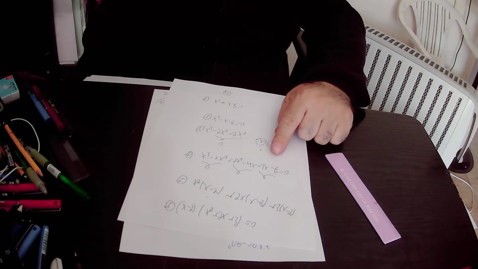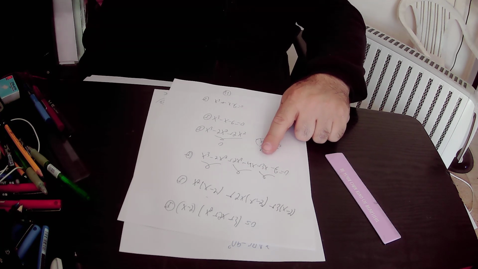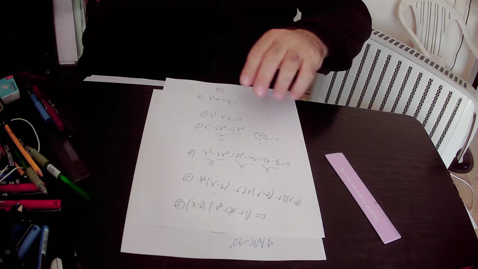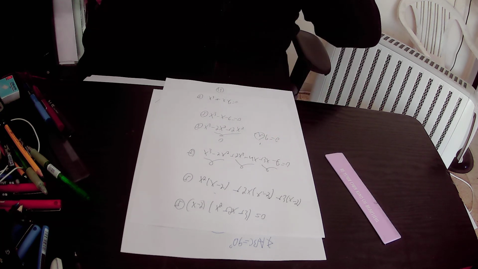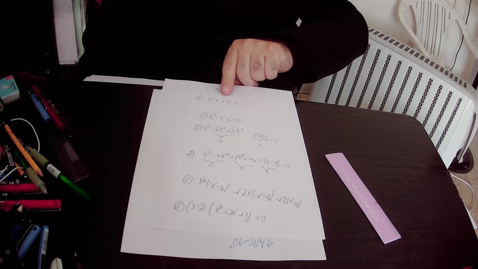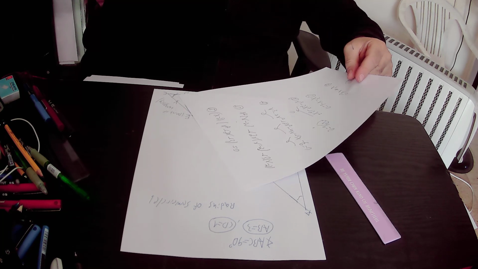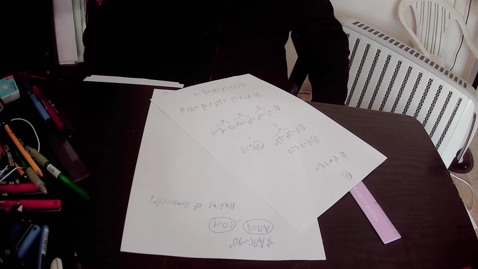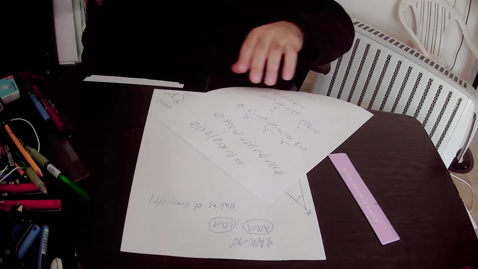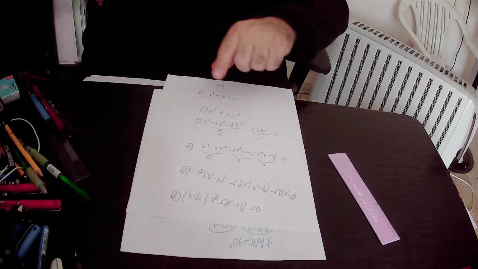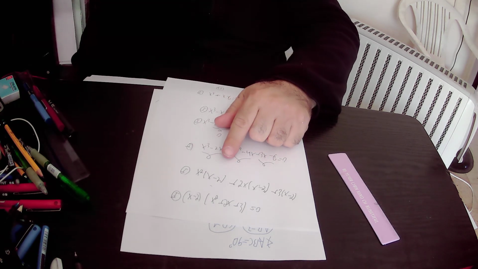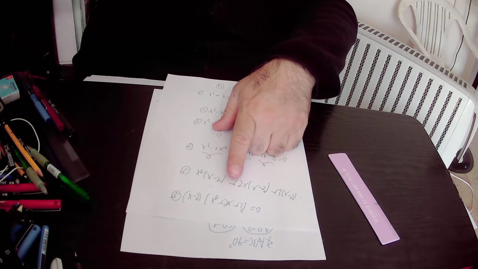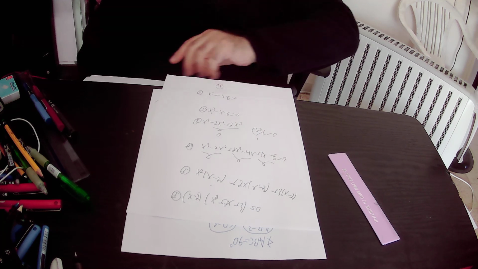And here we also took 3 as a common factor of those two expressions, and what is left in the bracket is x minus 2. So actually here x minus 2 is a common factor which belongs to all terms. So we got this expression, x minus 2 times this quadratic equation equals 0.